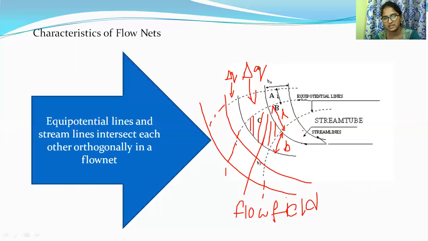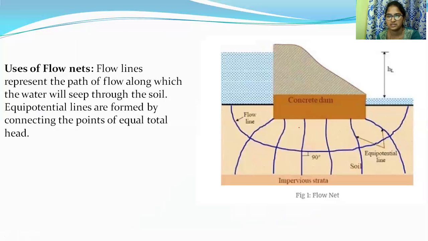The loss of head between two equipotential lines is also the same, and the area between two flow lines is also equal. Here the angle is 90 degrees.